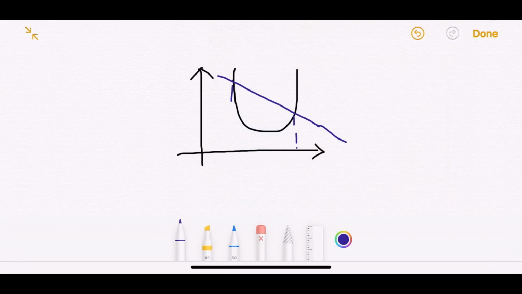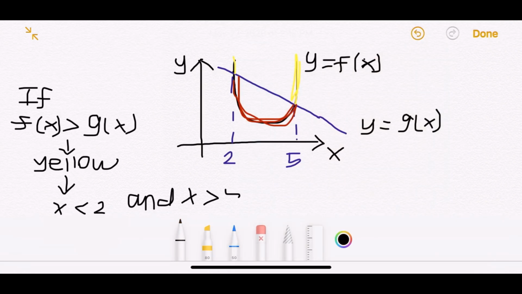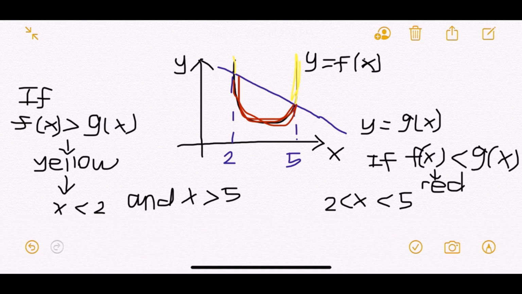And let's look at an example now. If f of x is bigger than g of x, then it is represented by the yellow section. And we know that x is smaller than 2 and x is bigger than 5. And if f of x is smaller than g of x, then it is represented by the red section, which is x is bigger than 2 and x is smaller than 5.